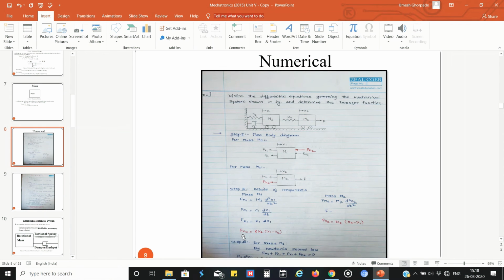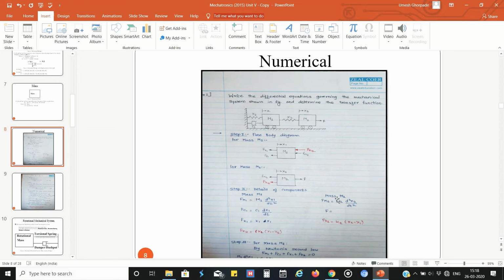The special case is Fk2 because it is connected to mass m1 and m2. When we consider the details of the component for mass m1, Fk2 is k2 into the displacement of mass m1 minus the displacement of mass m2, so k2 into (x1 minus x2).